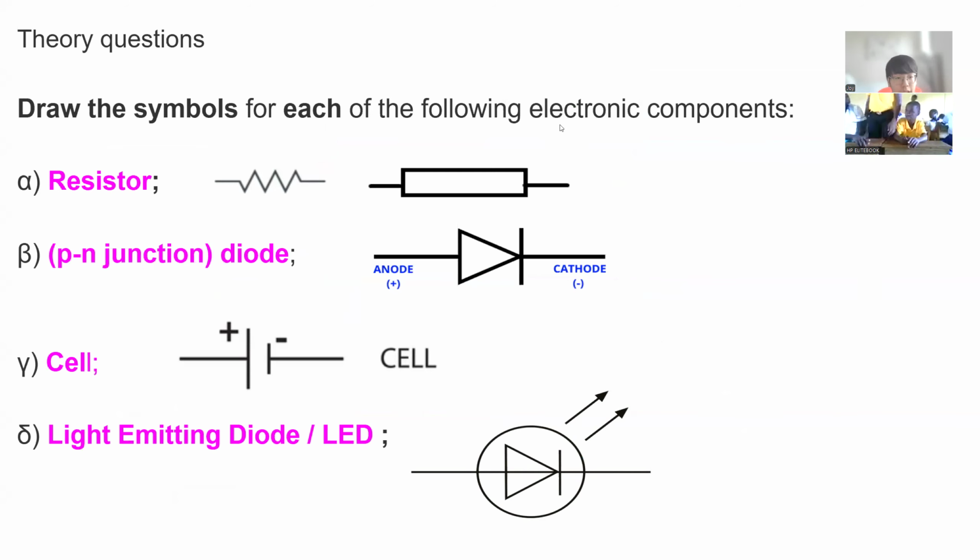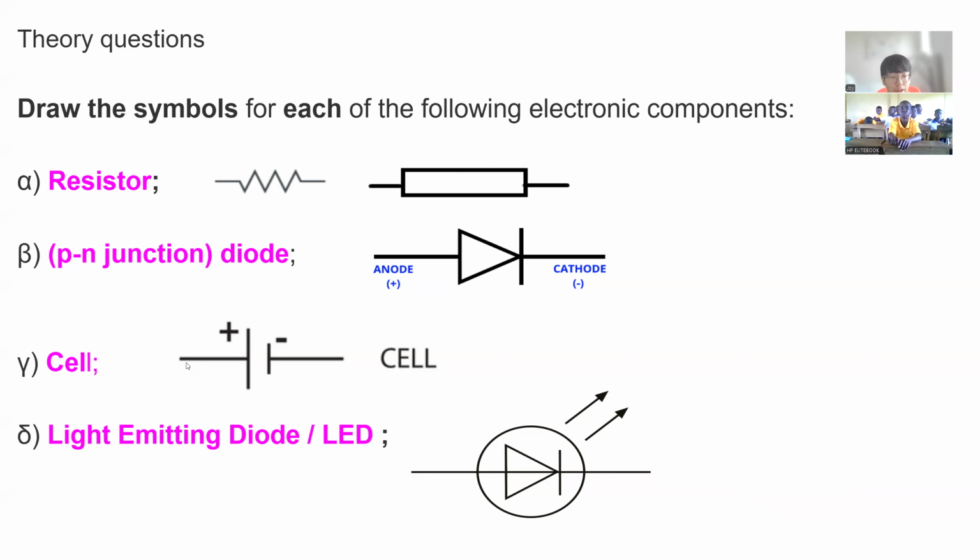And here, if it asks you to draw the symbols for each, they can ask you this, but I don't think it is too important. Just know the basic shape. So resistor, like I said, is a box, just draw a box. And if it asks you to draw a diode, just remember it's like a triangle, but I wouldn't say this is as important as resistor or cell.